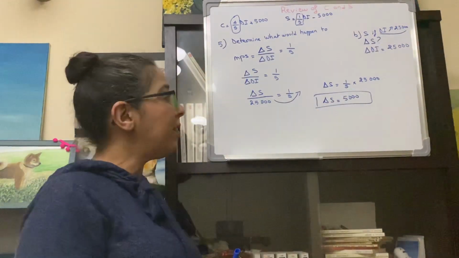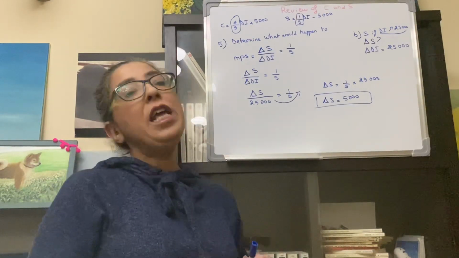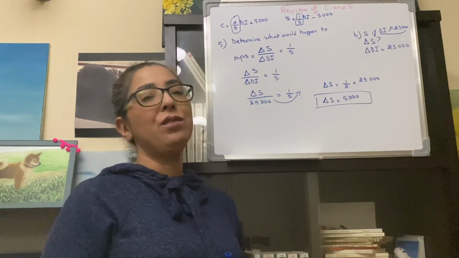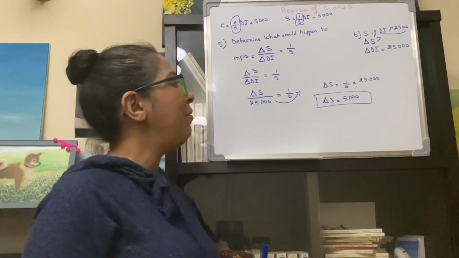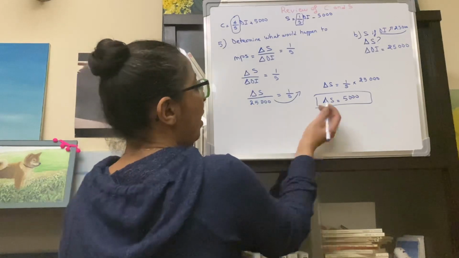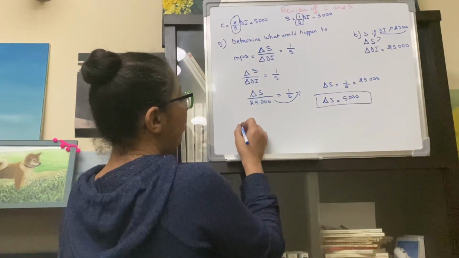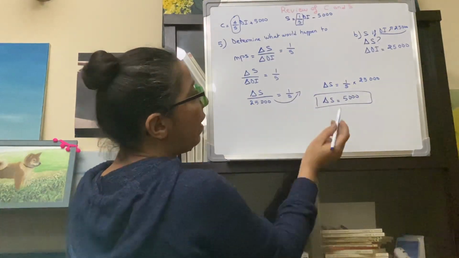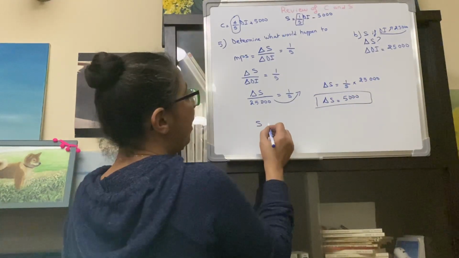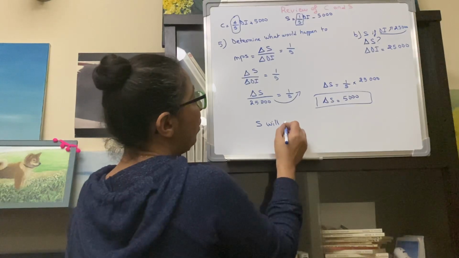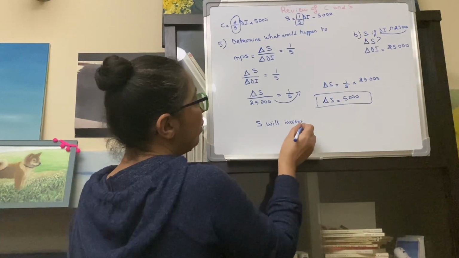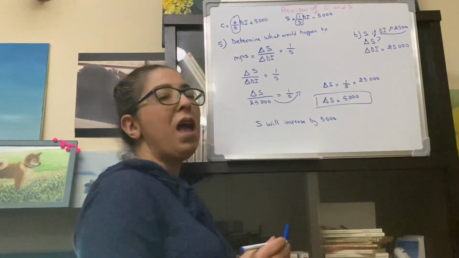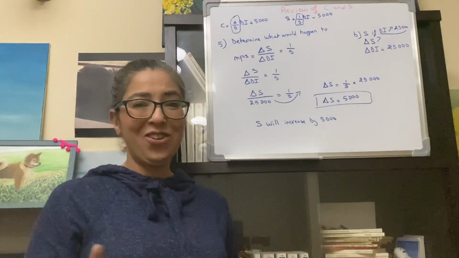So you have part of the answer. Your saving is going to increase by 5,000. Here you need to tell me that in case my DI increases by 25,000, my saving will increase by 5,000. And now you have answered the question. Okay?